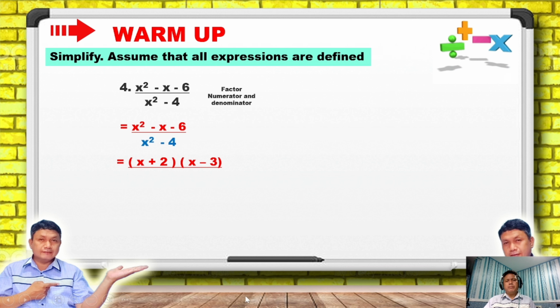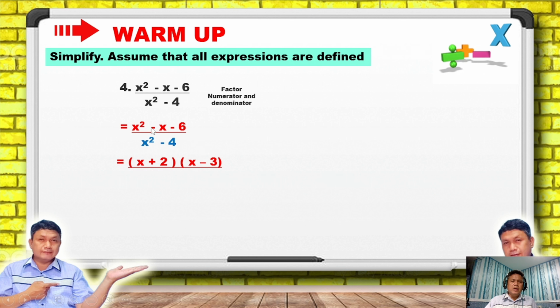Next rule na gagawin po natin dyan ay ipa-factor natin ang numerator and denominator if possible. So, sa case na to, ang numerator and denominator ay pwede pong i-factor. So, anong factor po ng x squared minus x minus 6? Ang factor po niyan ay x plus 2 and x minus 3.